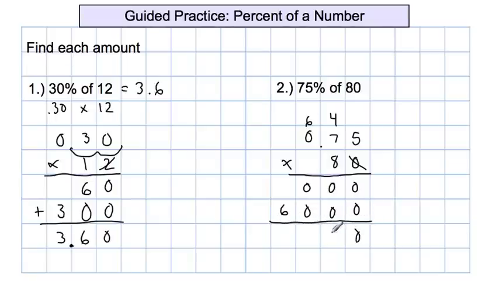Adding them all up, 0, 0, 0, 6, and there are 2 spaces in the decimal, or in the factors. That means in the product you'll have 2 spaces. And so 75% of 80 equals 60. And there's no reason to put those zeros on and have it be 60.00. It's just 60.